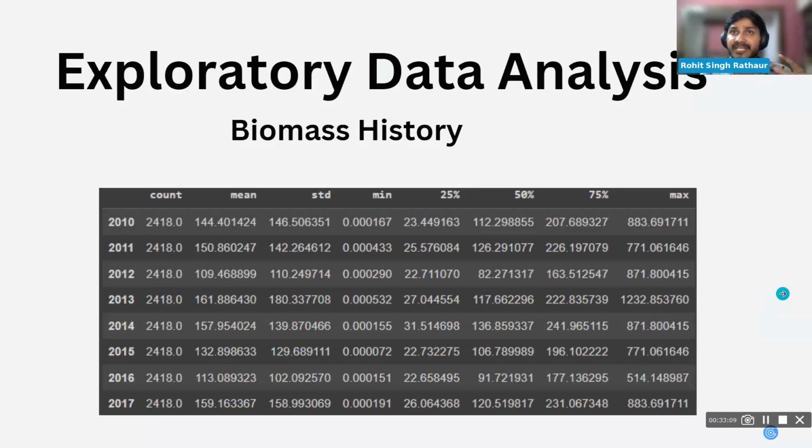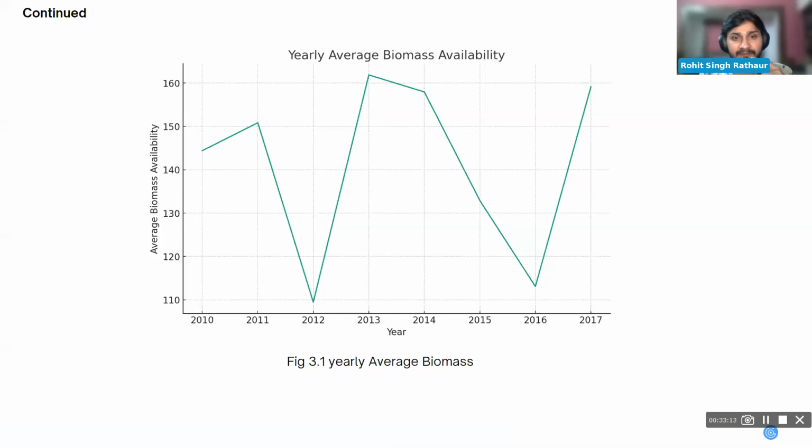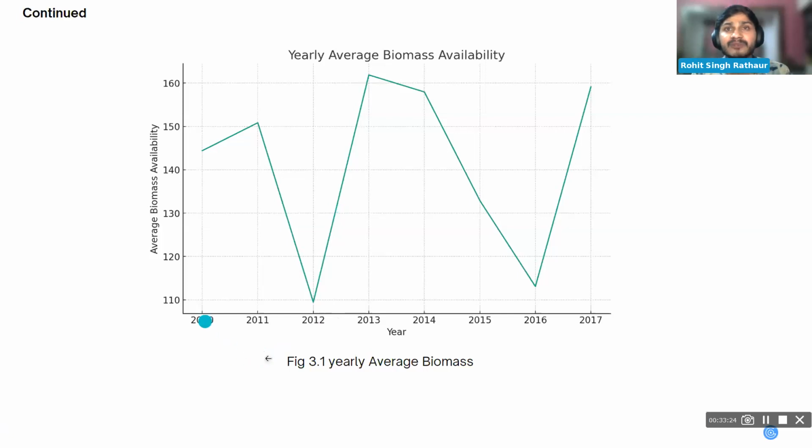a particular year. So if I talk about this particular graph, this line plot shows the average biomass availability from 2010 to 2017. Here, we can observe that the biomass availability generally fluctuates over the years.